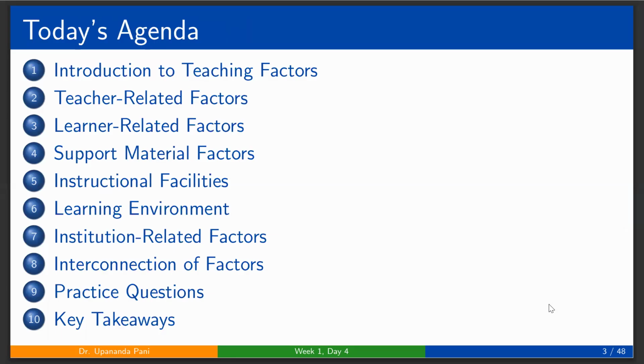Today we are going to discuss introduction to teaching factors, teacher related factors, learner related factors, support material factors, instructional facilities, learning environment, institution related factors, interconnection of factors, and we will practice some questions, and the key takeaways.